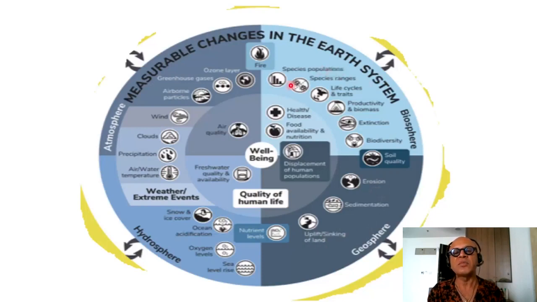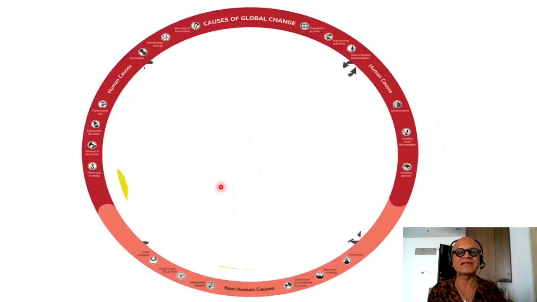And on this side in the biosphere you have species, population, species ranges, which change with warming, life cycles and traits, productivity, biomass, extinction, and so on. Within the quality of human life, you have air quality, health, disease, food availability, displacement of human populations, which is now a serious concern because of climate change, large displacements happening, freshwater quality, availability, and often access has to be considered as well.